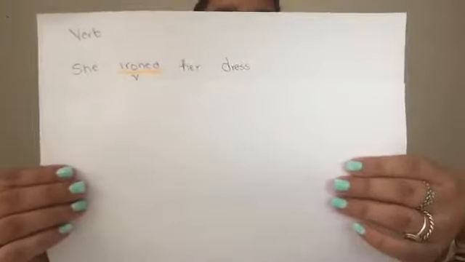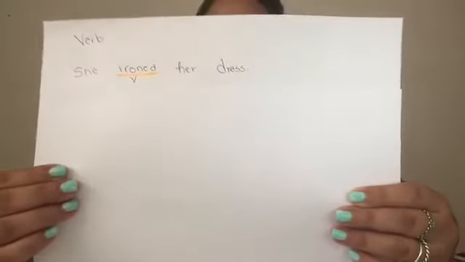The definition of verb is a word used to describe an action, state, or occurrence and forming the main part of the predicate of the sentence. Okay, let me just cover up the other part. We have the sentence: she ironed her dress.